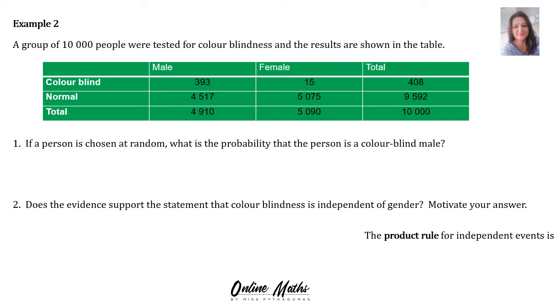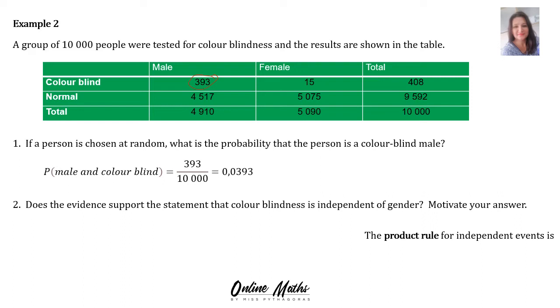You go on your table to male and colorblind. Where they meet, the probability of male and colorblind is 393 out of 10,000, which is 0.0393.